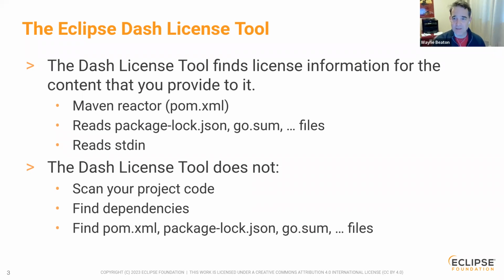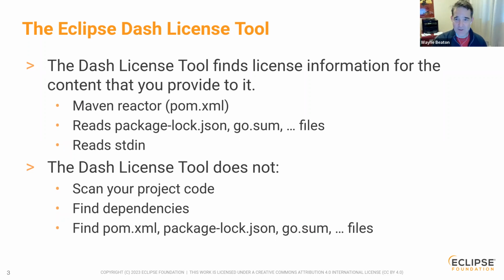And when we say content, really, the Dash license tool knows how to turn the identifier of content into license information. It also can find some copyright information as well, but primarily we are concerned with identifying the license of content. So the easiest way to think about this is, in a Maven build, if you understand Maven, we have GAVs, which is a group ID, an artifact ID, and a version grouped together.